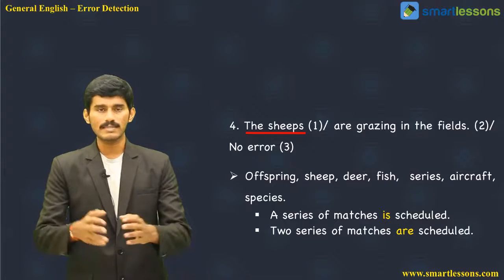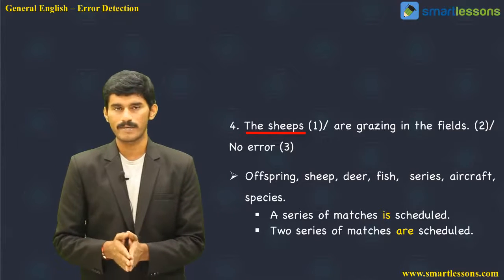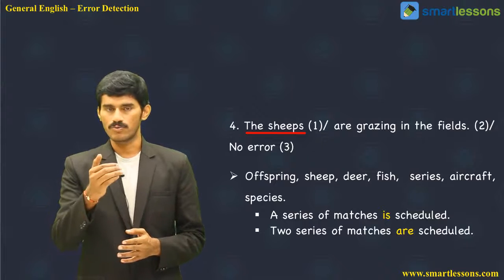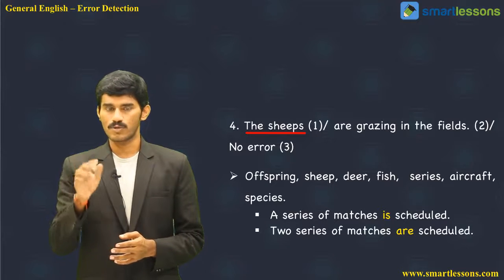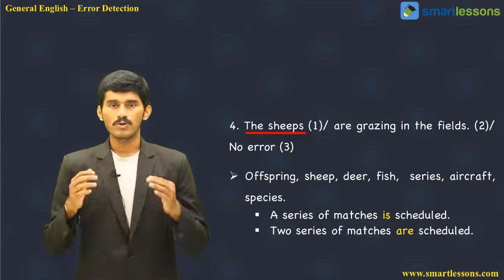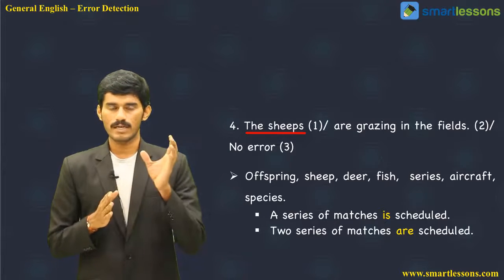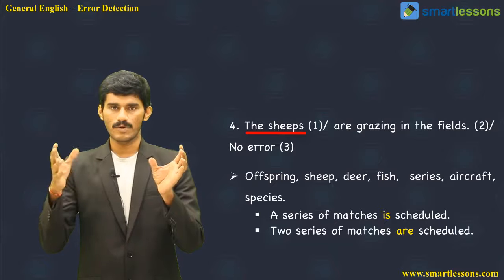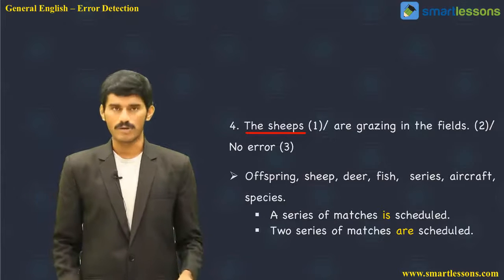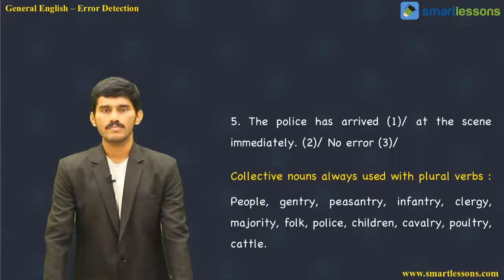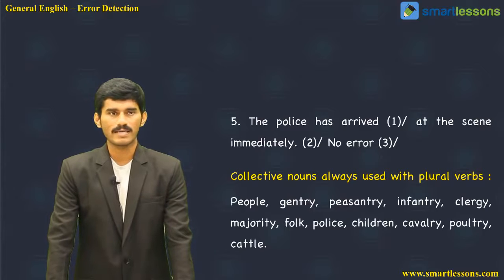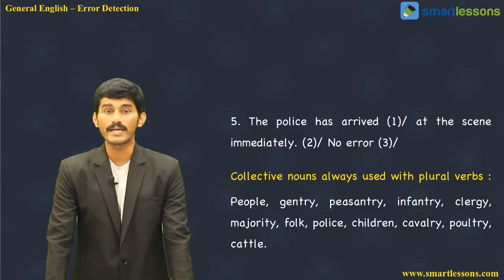Next, two series of matches. Here you are making it plural by adding two, but you did not add S to the word series. Two series of matches are scheduled. Here you are saying two series. So it is plural, we are saying are scheduled. Okay. Next, another sentence. The police has arrived at the scene immediately.